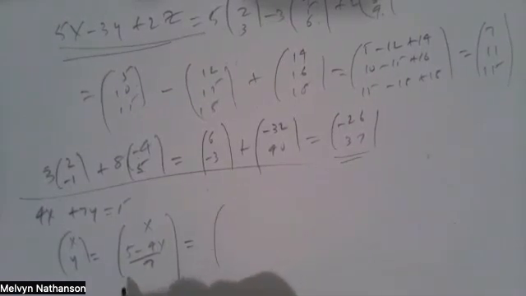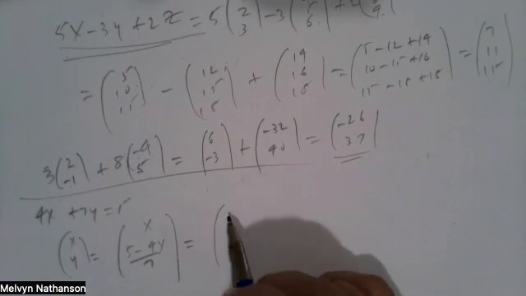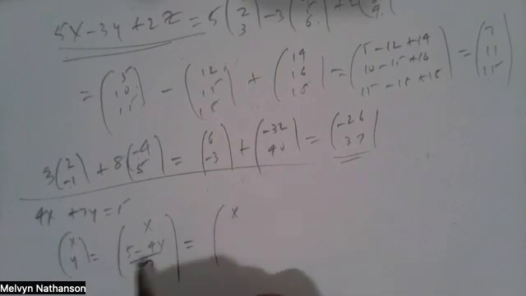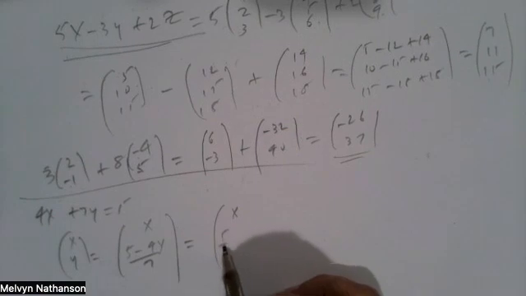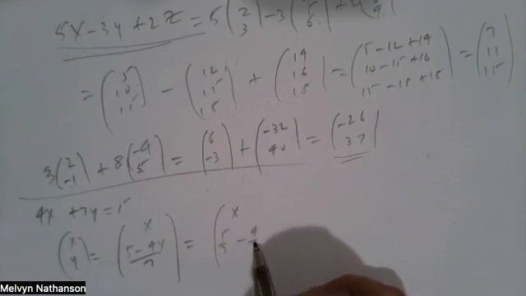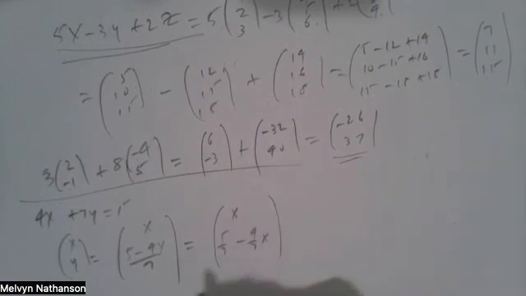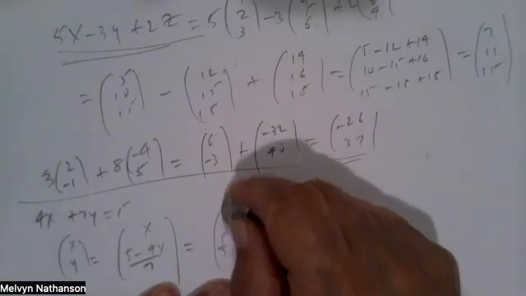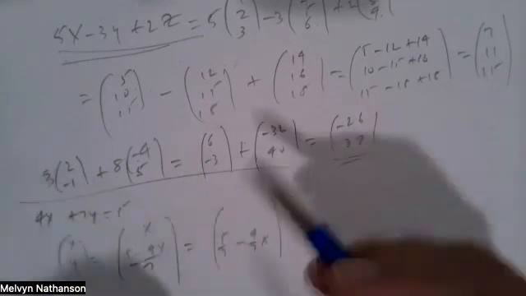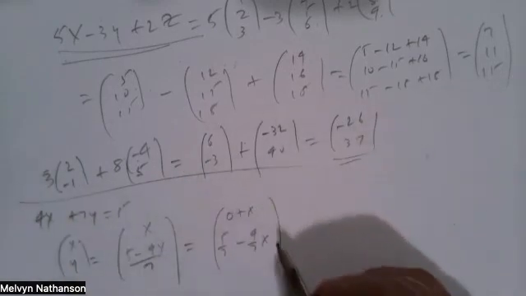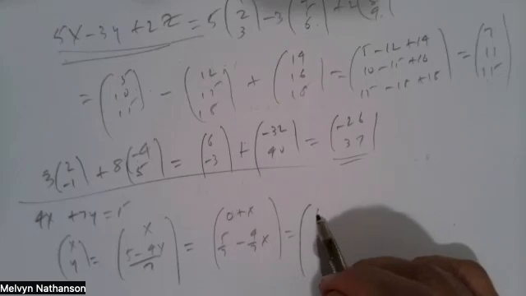This is x, and the second coordinate is 5/7 minus 4/7 x. I can think of it this way: 0 plus x. So this is the sum of two vectors.